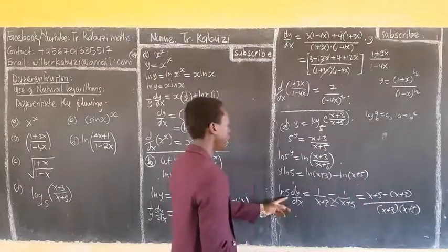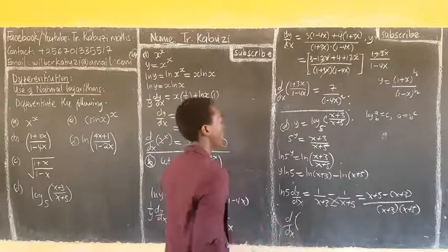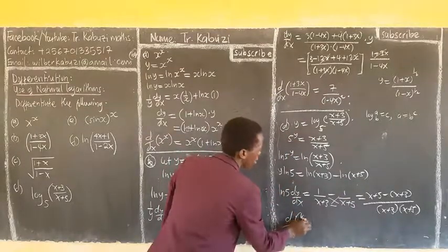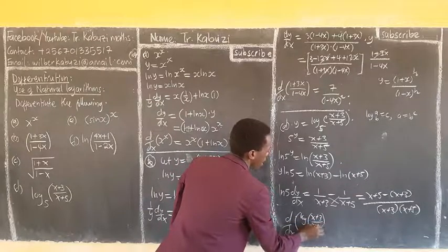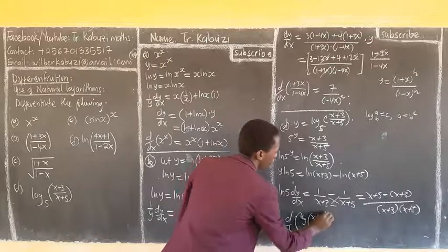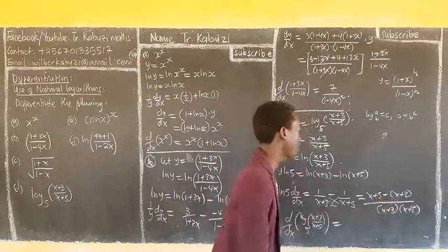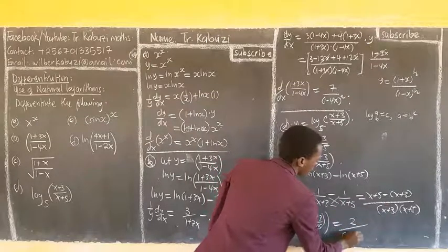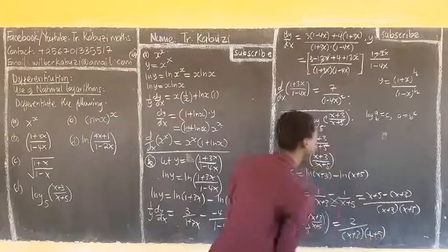And now we see, my dy dx, my y was log base 5 of 2x plus 3 over x plus 5, will be now, this 2x will cancel, so I'll be adding 7 over 2x plus 3 times x plus 5.